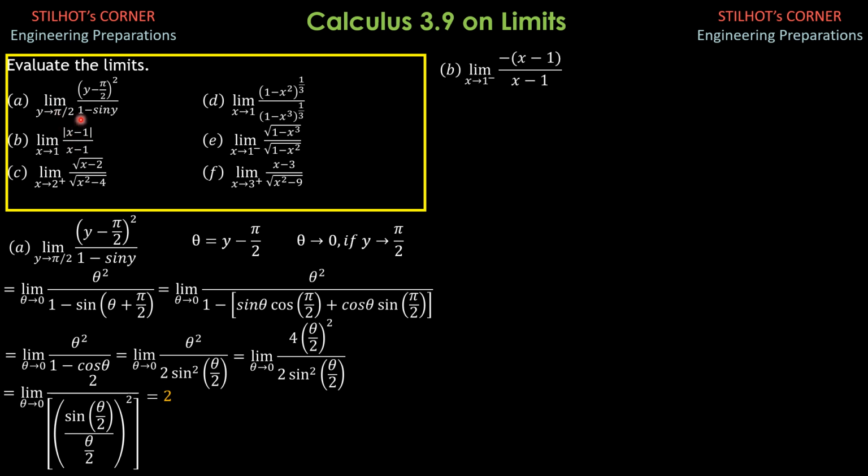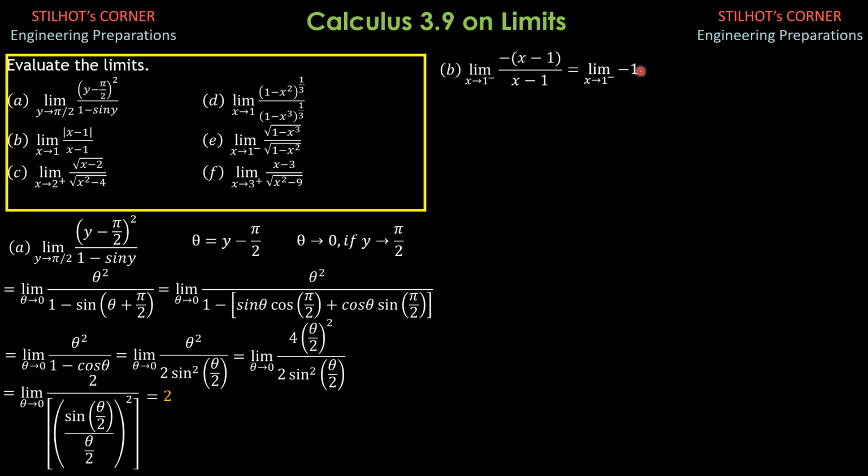The absolute value of a negative value is positive, so we transform that into negative of quantity x minus 1. Remember, the quantity inside is negative, so negative of negative is positive. So we can cancel x minus 1, and it would now be the limit of negative 1 as x approaches 1 from the left.